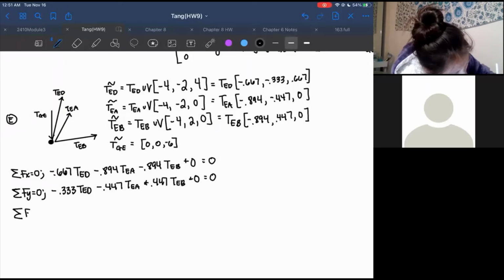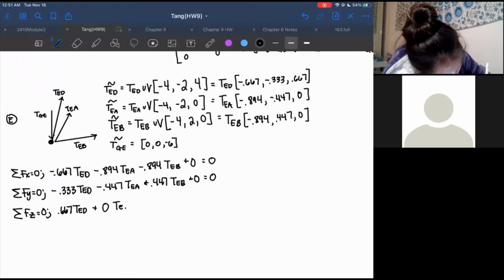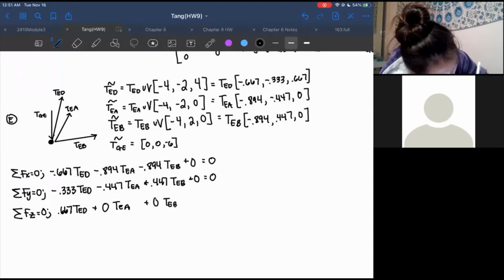Sigma Fz equals 0. So we know 0.667 TED plus 0 TEA plus 0 TEB minus 6 equals 0.